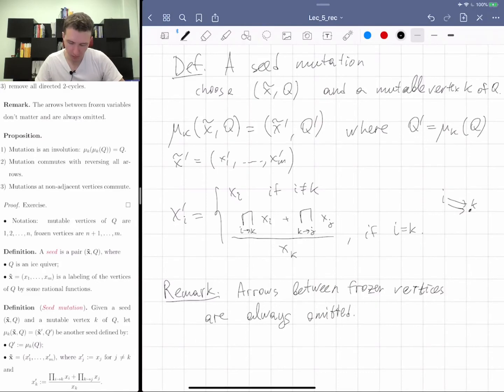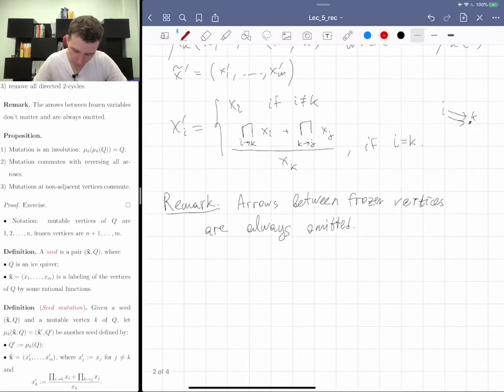Okay, now let me try to do some examples of seed mutation. By the way, the product over outgoing arrows is equal to 1 by convention if there are no outgoing arrows.